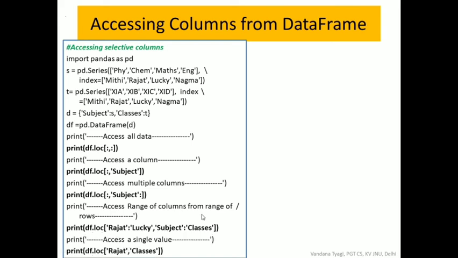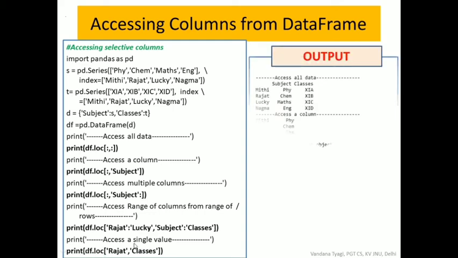Let's see the output of this. And if we want to access only a particular value, you will write down in the row variable that particular value Rajat, and whichever column values you want to extract, like for this I want to know Rajat's class. So I simply write Rajat and in the column section I only write classes. So let's see what output we are getting here.